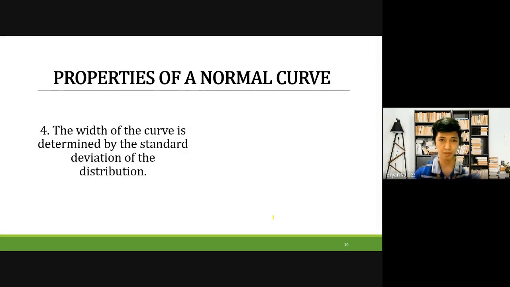Okay, so the fourth property of a normal curve is that the width of the curve is determined by the standard deviation of the distribution. Dito i-apply natin yung natutunan natin sa previous lesson about solving the mean and the standard deviation.